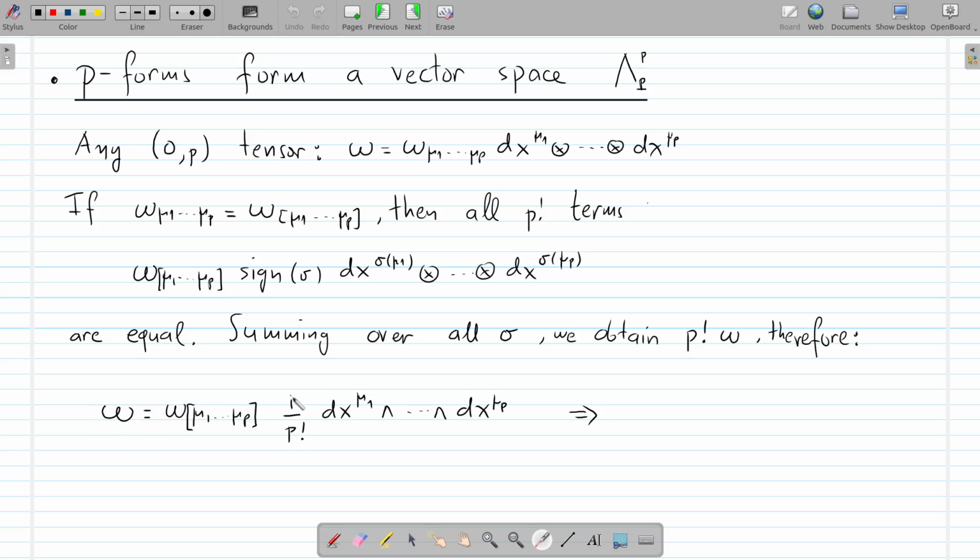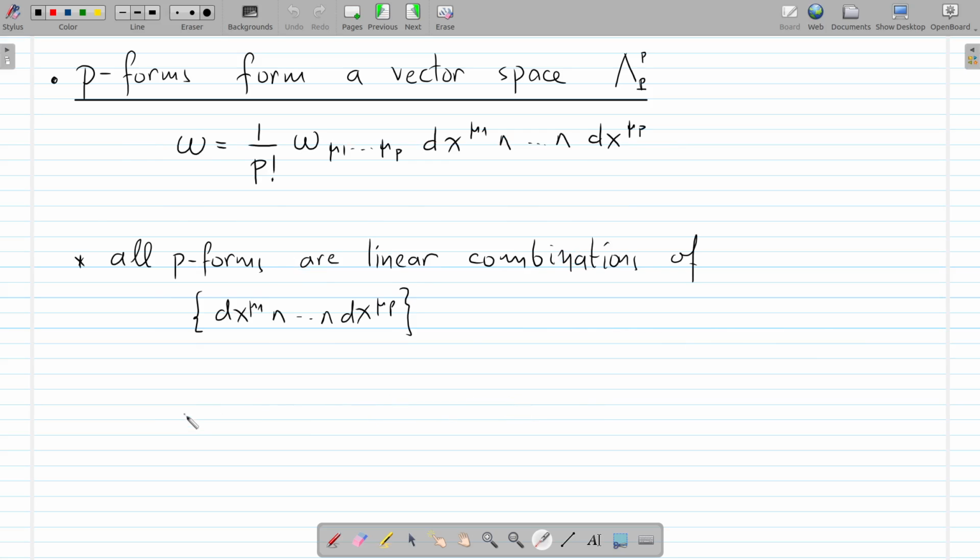Therefore omega is 1 over p factorial times the wedge product multiplied by the components of omega. So any p-form can be written as a linear combination of those vectors here.